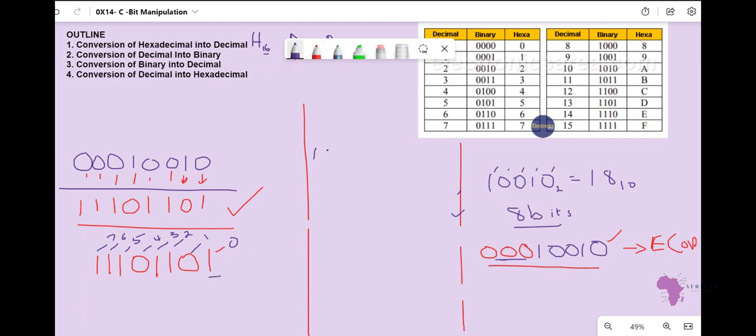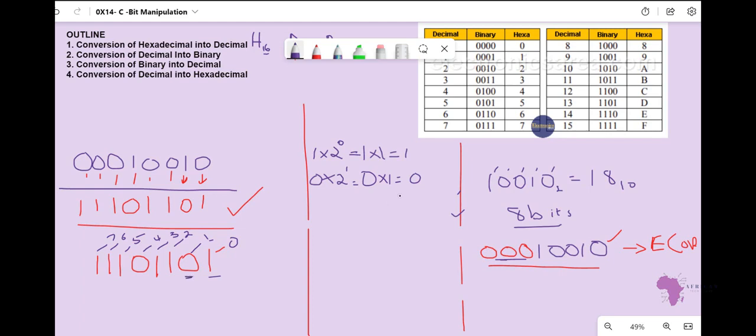So I say 1 multiplied by 2 raised to 0, which is equivalent to 1 multiplied by 1, which gives us 1. And then the second one here is 0 multiplied by 2 raised to 1, because here is position 1, which is equal to 0 multiplied by 1, which equals 0. I don't need to calculate where we have 0, so I will skip.